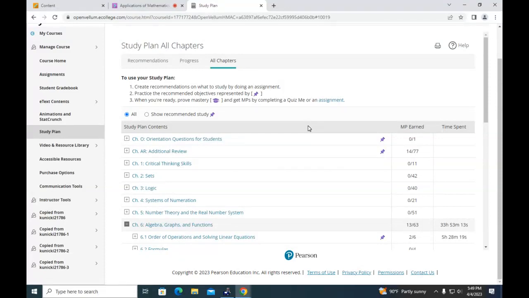If m1 is equal to m2 and b1 equals b2, then L1 is equal to L2, infinite solutions. It's the same equation, right? If these two are equal and these two are equal, it's the same equation, so it's the same line.